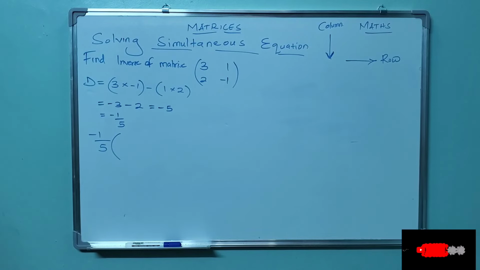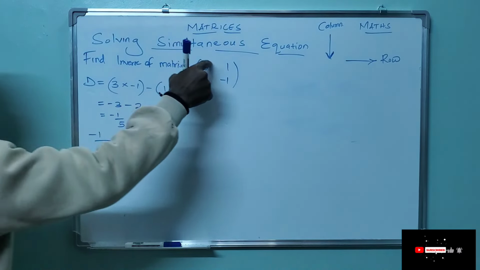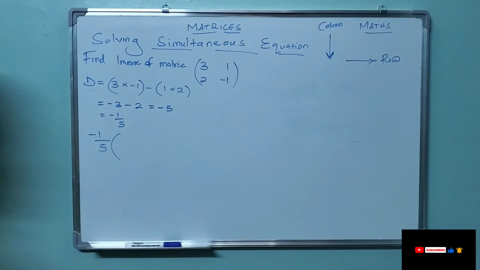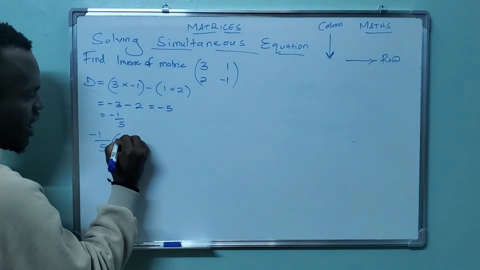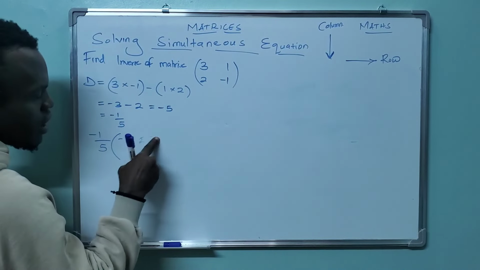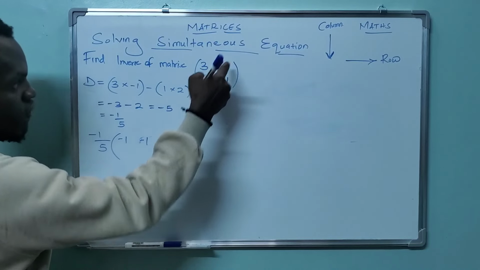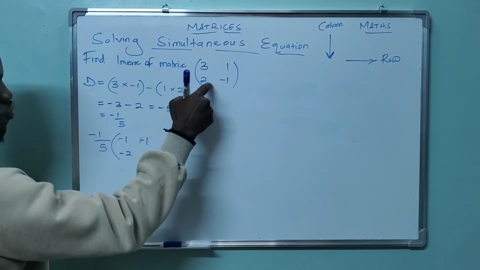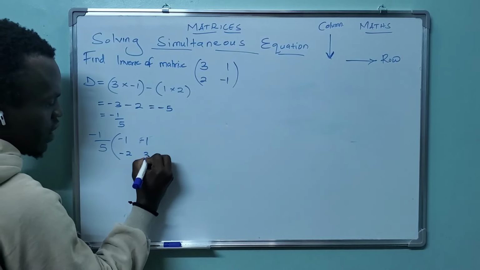If you want to get it, you change the position of the lead diagonal and the sign of the end diagonal. So I'm going to have it as -1, -1, then -2, and then 3.